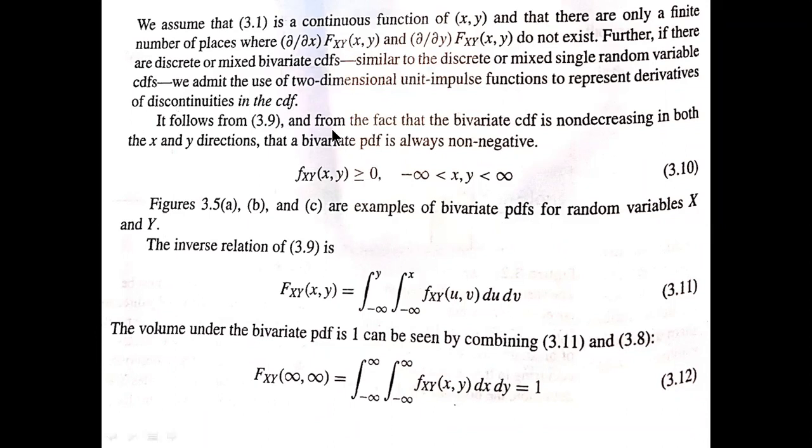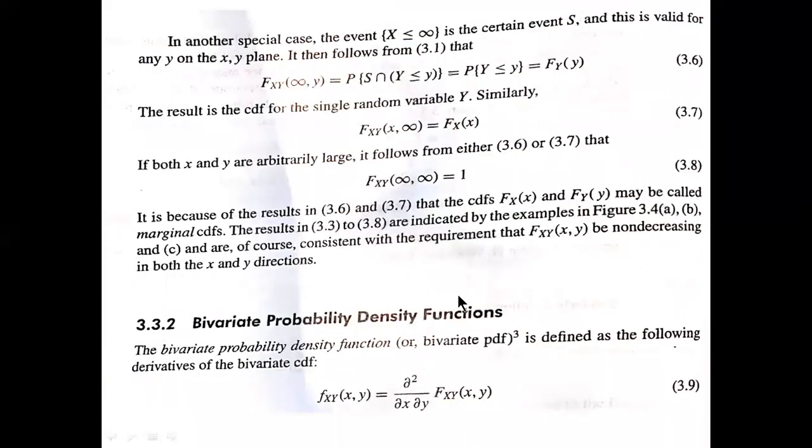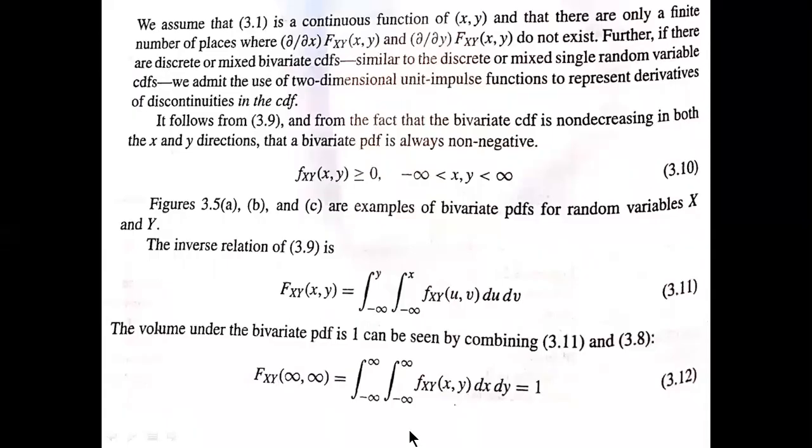So if we follow 3.9, which is there over here, and from the fact that the bivariate CDF is non-decreasing in both the directions x and y, the bivariate PDF is always non-negative.